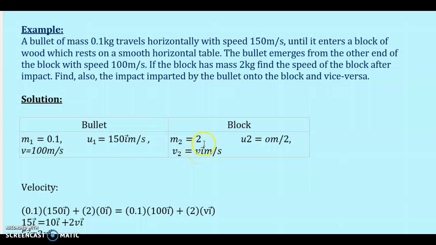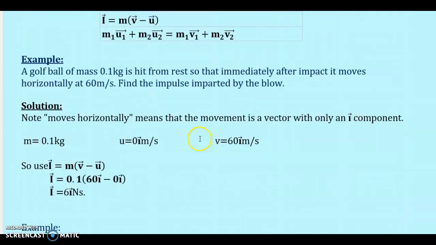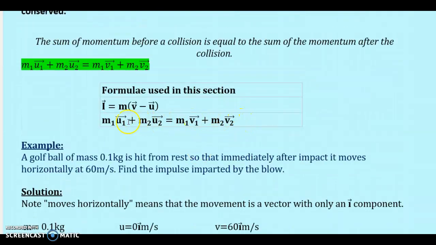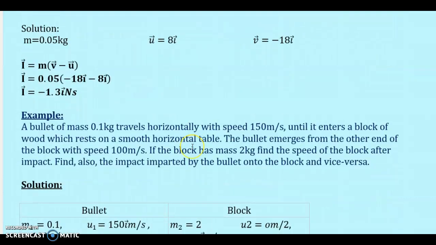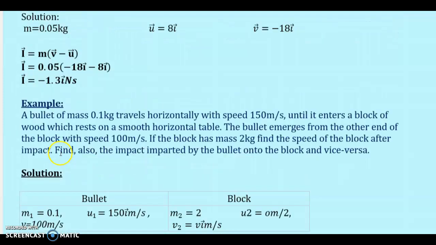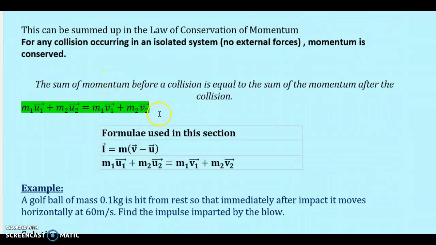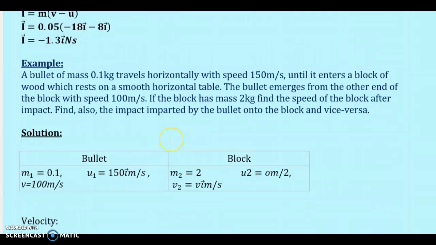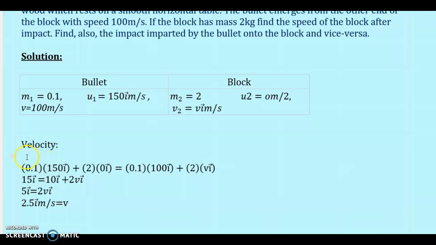Okay, so I can use here my law of conservation of momentum. So that's this formula here. And I can write that down, and sub it in. Right, so I'm going to write that down there.